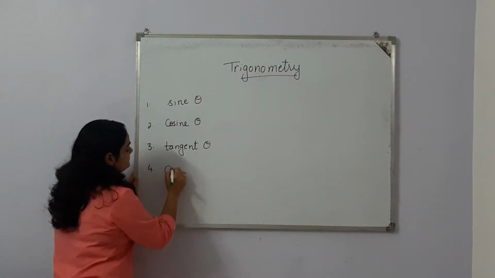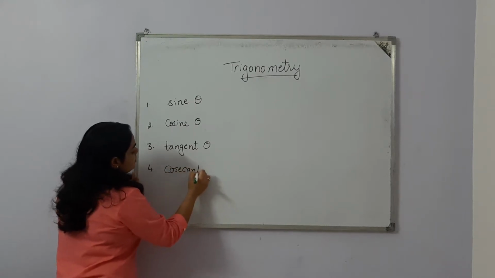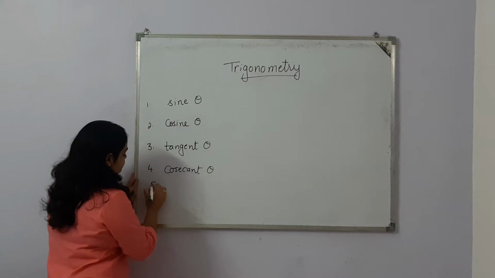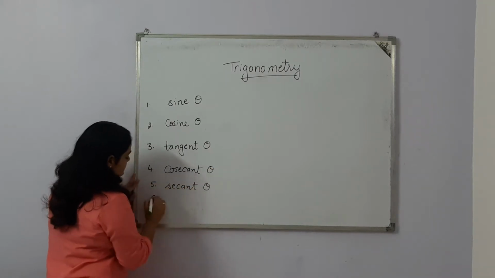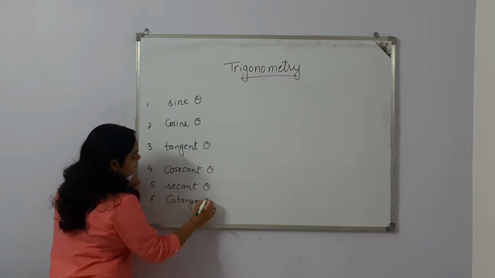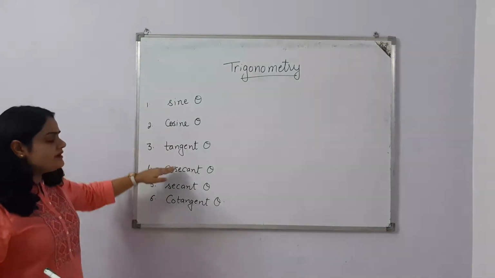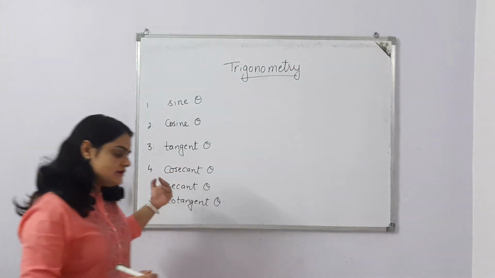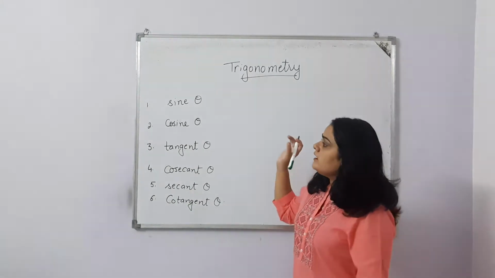Fourth one is cosecant theta. Next is secant theta, and the last one is cotangent theta. You know all these 6 trigonometric ratios. You have already read about these 6 trigonometric ratios in 10th class as well.